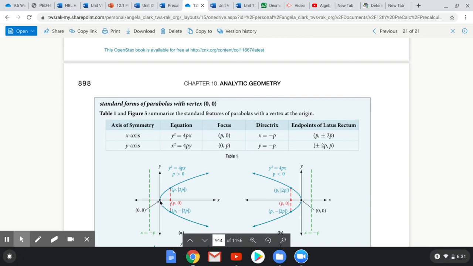So we have, this is P, this is also P. Just like we had A, B, and C with ellipses and hyperbolas, with parabolas, we have P. Now, whatever is in front of the x is always going to be 4P. A lot of books call that A. This book just uses 4P. That's fine. Doesn't really matter.